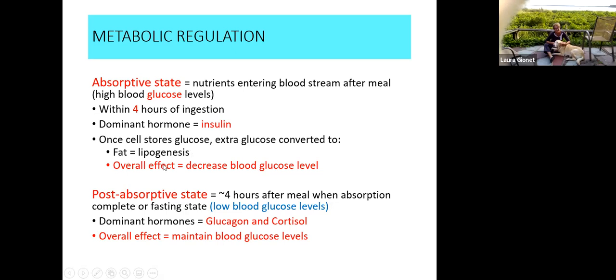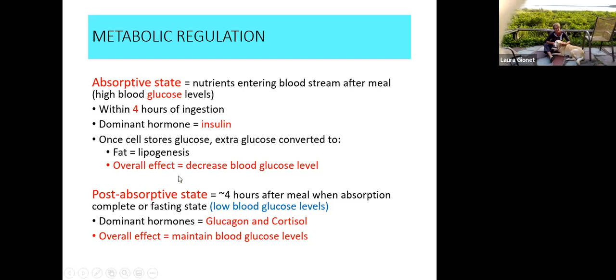And once cells store glucose, the extra glucose will be converted to fat. All right, so we don't want to be taking in a lot of excess calories. This is also why there's sometimes the theory that it's better to have smaller meals during the day instead of a couple very large ones. So once the cells, in skeletal muscle and all your body cells really, and the liver, are finished storing the molecule for energy use at a later date, it becomes converted to fat.